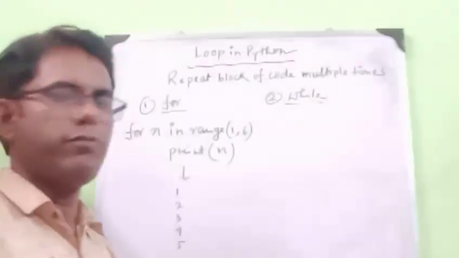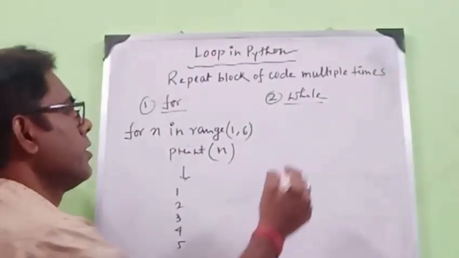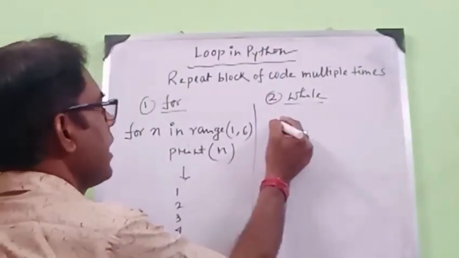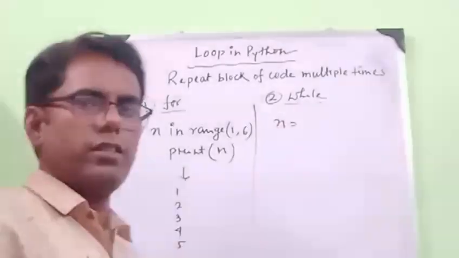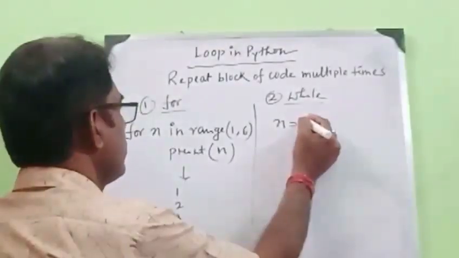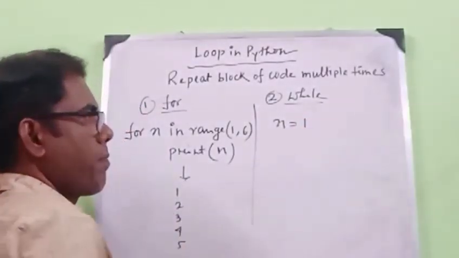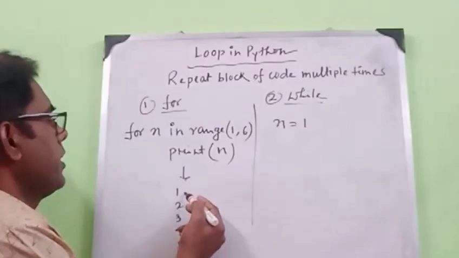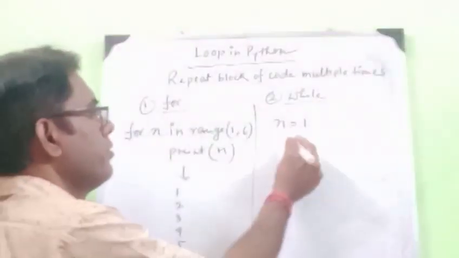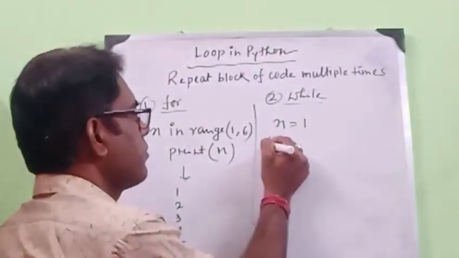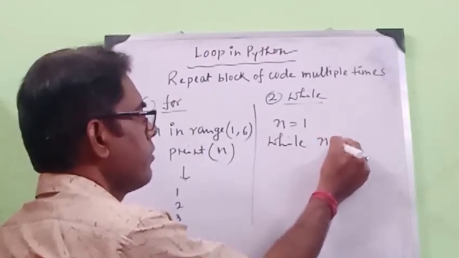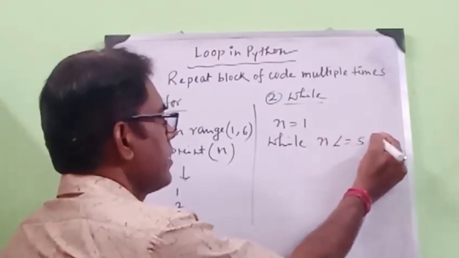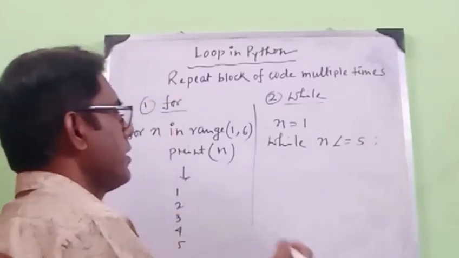Now if we want to write the same code using while loop, we have to declare a variable before starting the while loop. So we write the initial value here, because we have to display from 1 to 5, so the initial value should be 1 in this case. Now you have to start the while loop, and inside the while loop we have to make the condition: n should be less than or equal to 5.